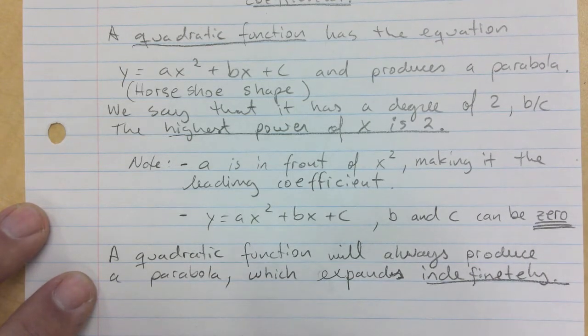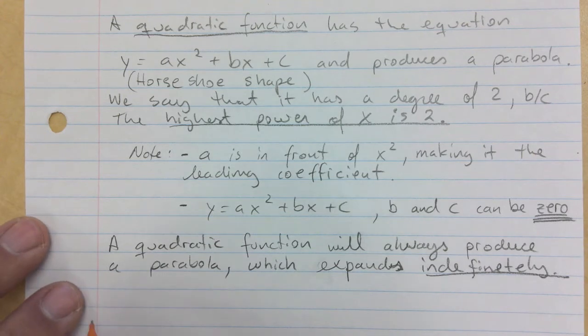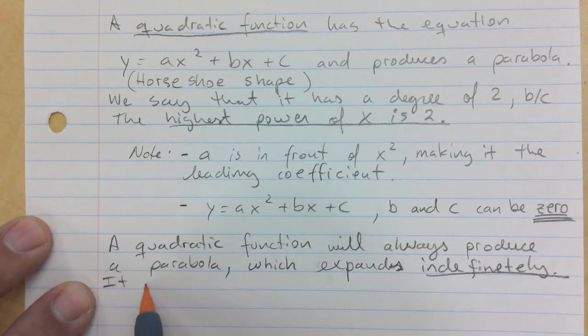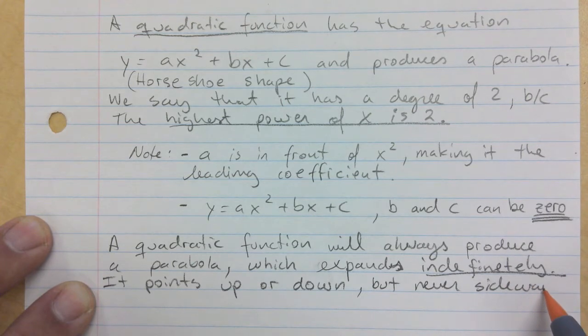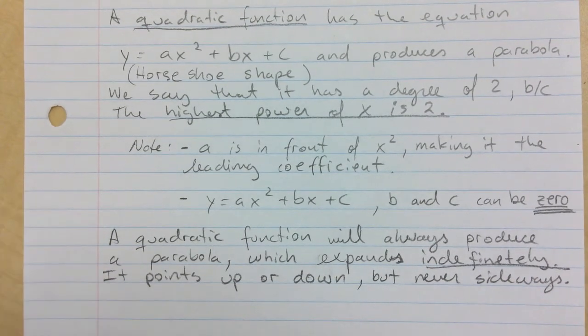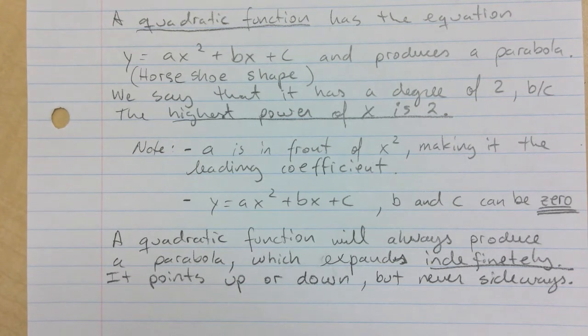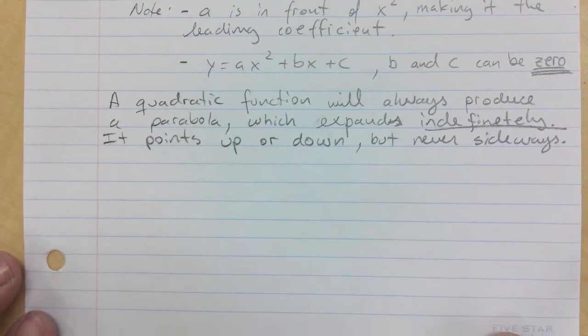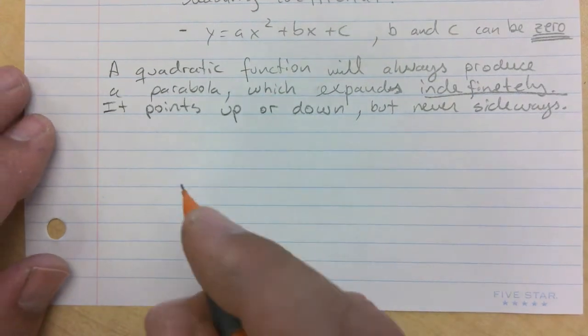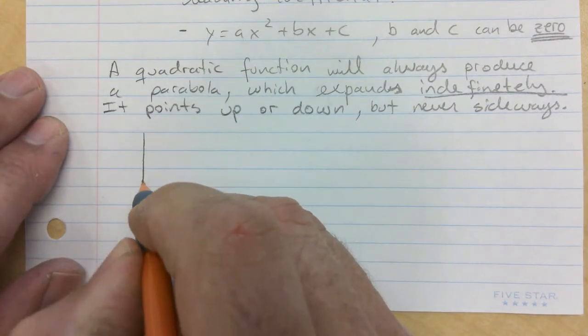Right? It points up or down, comma, but never sideways. It can point up or down, but it will never point sideways. Okay, so we're gonna have a few sketches here.